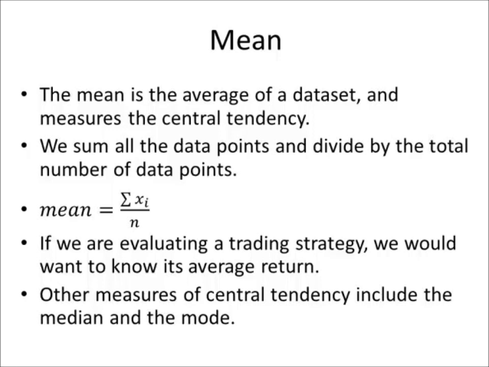So each x represents one data point, and each i represents that particular data point. So x1 represents the first data point, x2 the second data point, and so on. So sum of xi means we sum all of the data points. And then we divide by n, and n in this case equals the total number of data points.